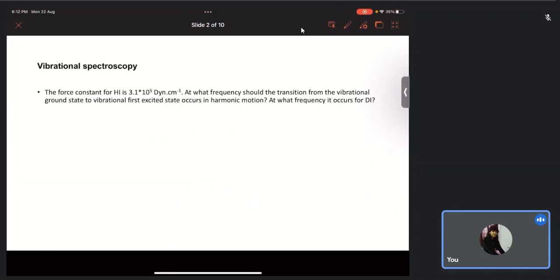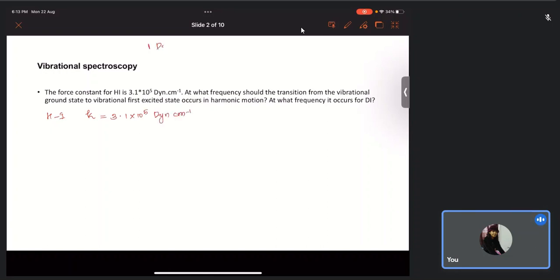Okay, let me just quickly recap whatever we have been writing. We are looking at HI, and we have been given the force constant K, that is 3.1 into 10 to the power 5 dyne centimeter inverse.